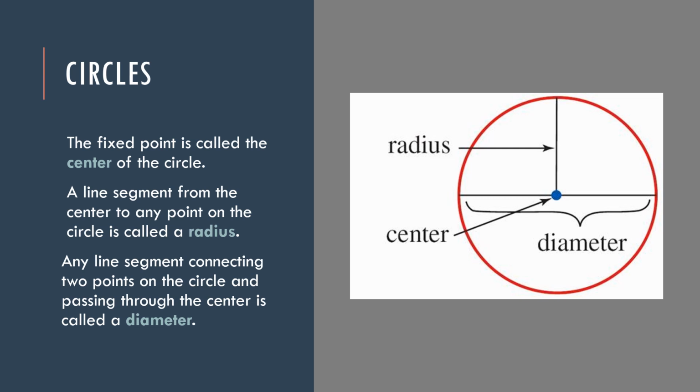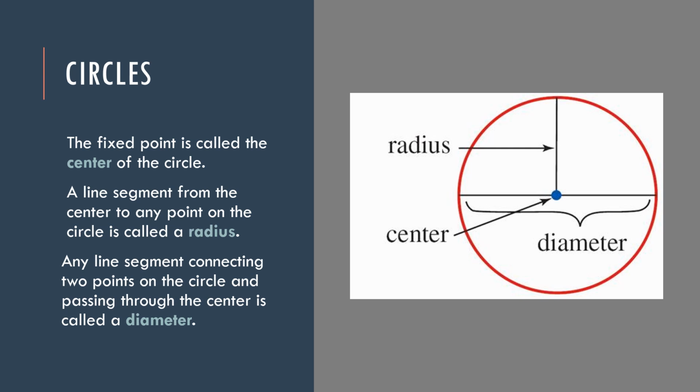Any line segment from the center to any point on the circle is called the radius. So if you go from the center to any point on the outside of the circle, that length is the radius. Any line segment connecting 2 points on the circle and passing through the center is called the diameter.